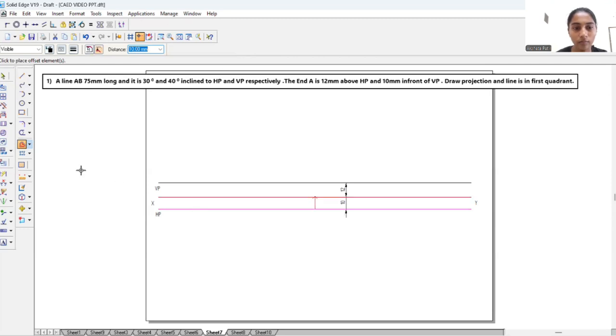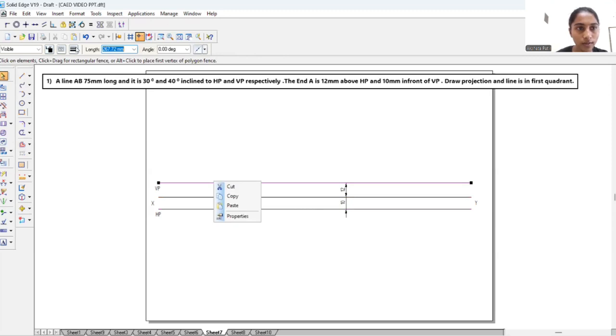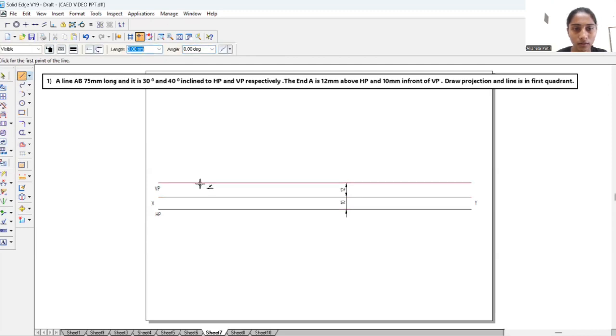These two lines should be of thickness 0.13. Next we will draw point A. We will draw one line of thickness 0.13, and we will name it A dash and A.